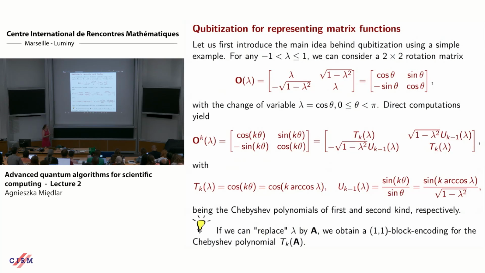Because if I can do it, I will immediately get a 1-1 block encoding for the Chebyshev polynomial Tk of A. And that's the object that I want. Okay, so now how can we use this idea of having the rotation matrix and get the object we want? Is the goal clear? Are there any questions here? Okay, so let me move on.